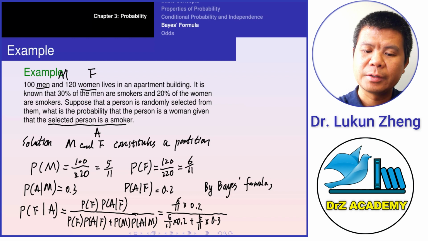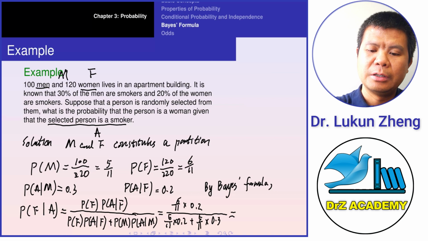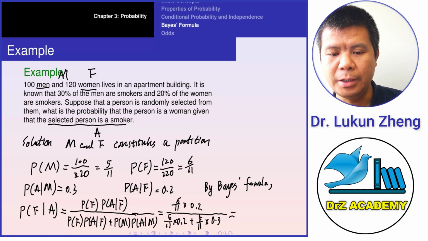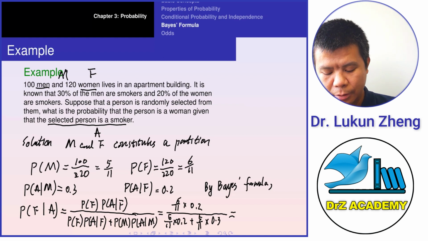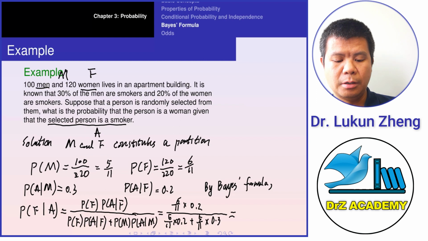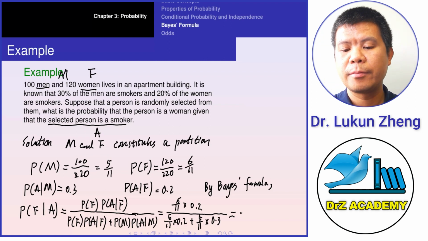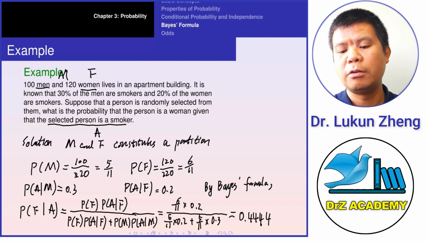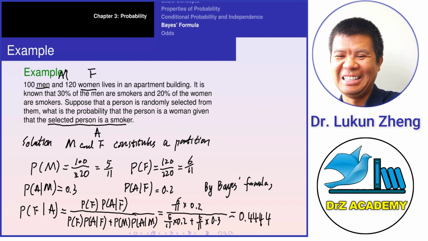Now you can just use a calculator. I got 0.4444. Okay, that's what we get.